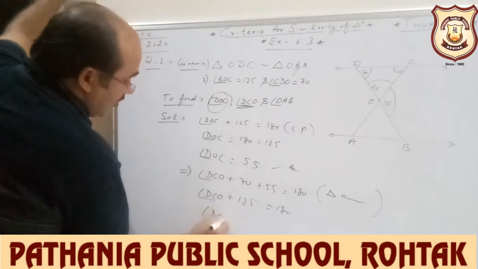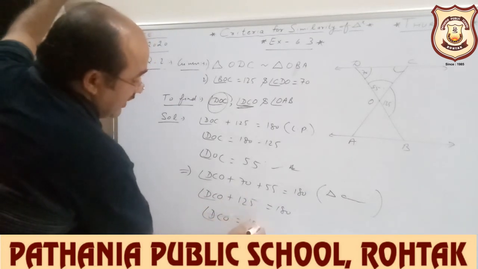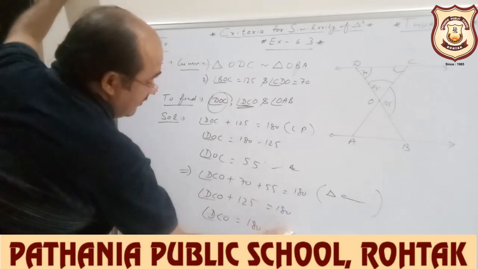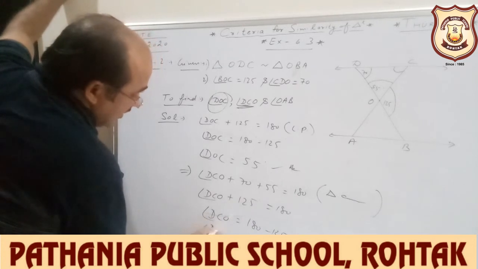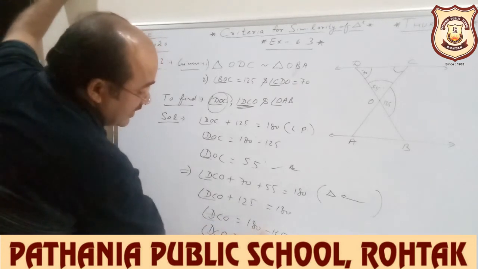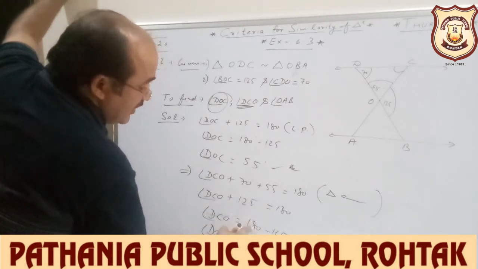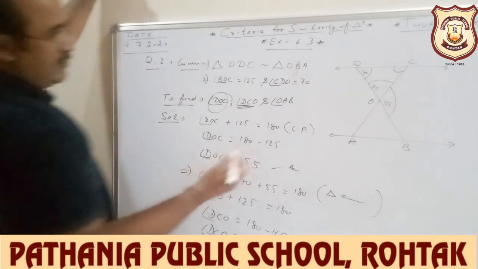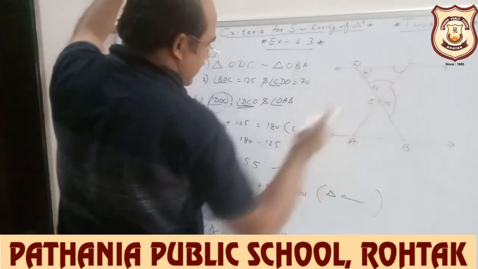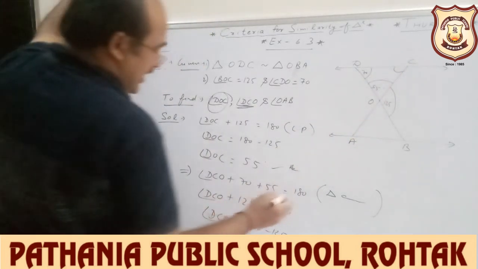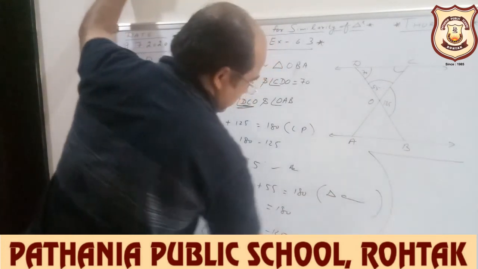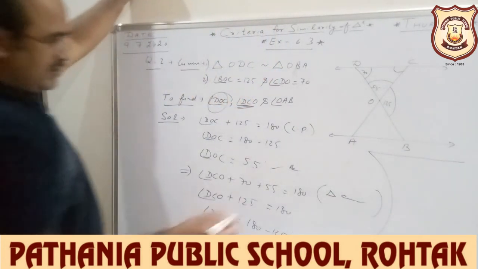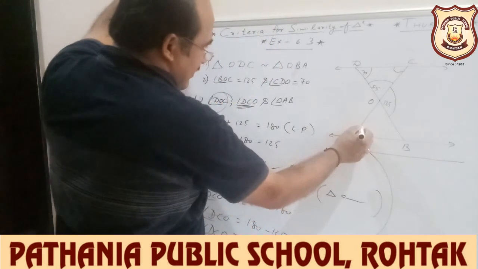Angle DCO equals 180 minus 125. Angle DCO is 55 degrees. Then after this we will work on angle OAB.